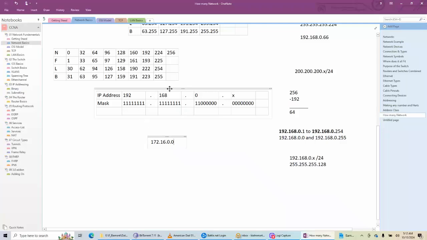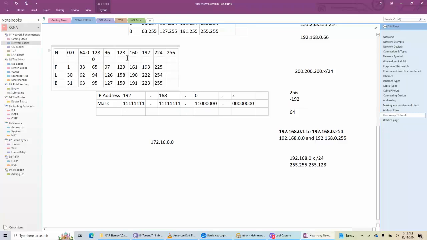So now we're going to change this to a .0, and this is a 64.0, and this is going to be a 128.